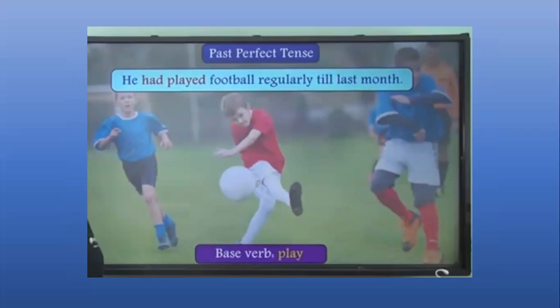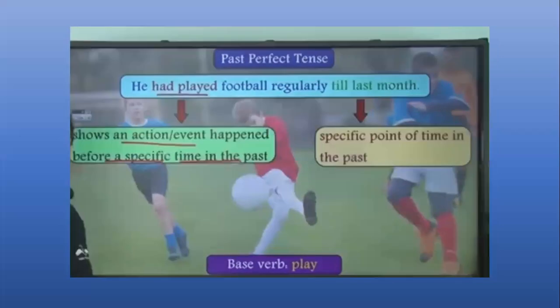Again the same thing. He had played regularly till last month. Now see, it shows an action or event that happened before a specific time in the past. There are two uses. First, two simultaneous actions taking place.